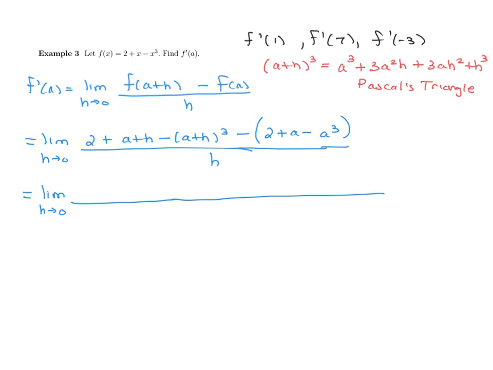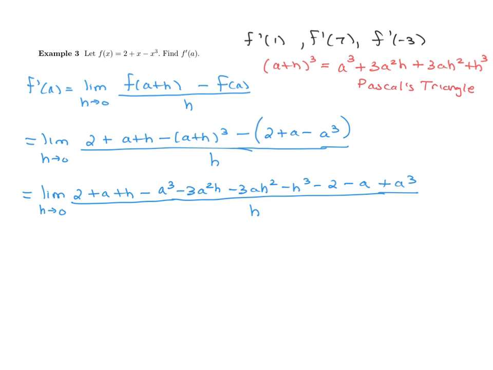We have 2 plus a plus h minus a cubed minus 3a squared h minus 3ah squared minus h cubed. Furthermore, we have minus 2 minus a, but then plus a cubed. And this is all divided by h.